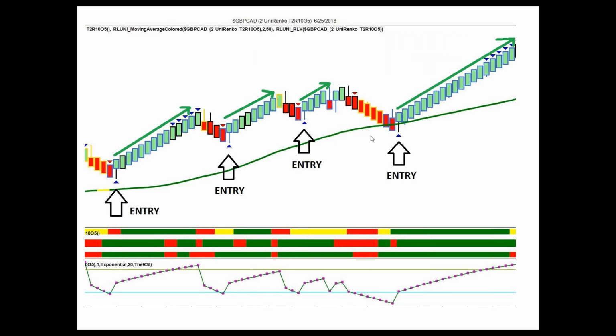Now here's a little more of the system in action, but here's an oscillator signal long that you take. Here's a long signal that you take. Here's a long signal that you take. And they're all coming off of this oscillator.